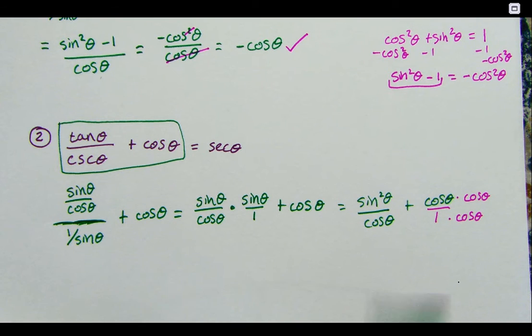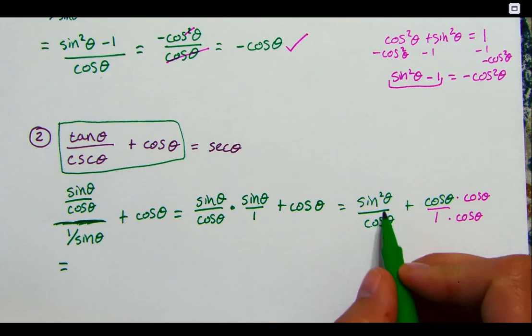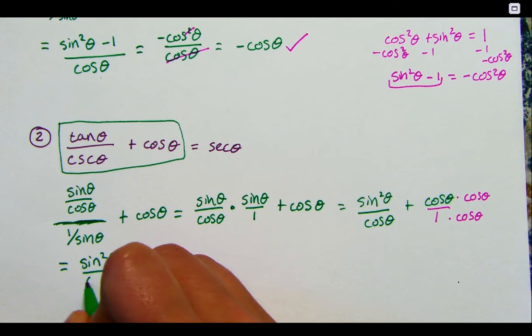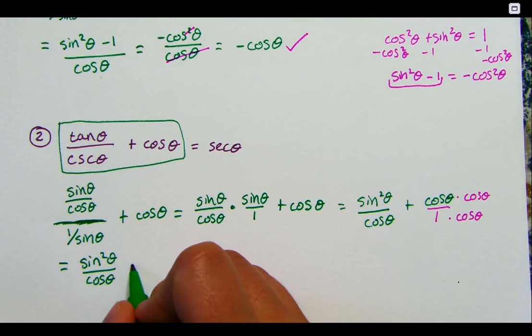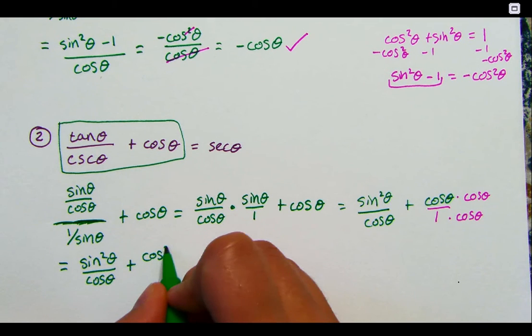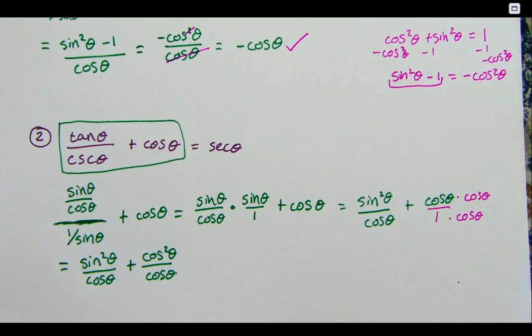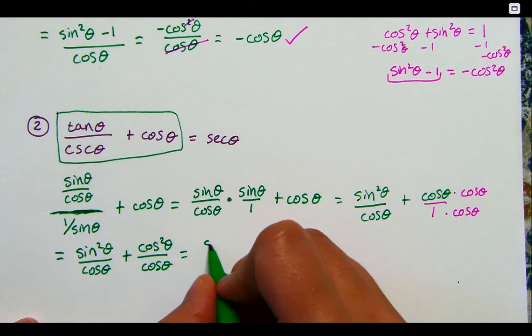Okay. So that means that this part will stay the same, so sine squared theta over cosine theta. And then when I multiply, this will be plus cosine squared theta over cosine theta. Okay. Right, so now that my denominators are the same, we can think of it as one fraction.